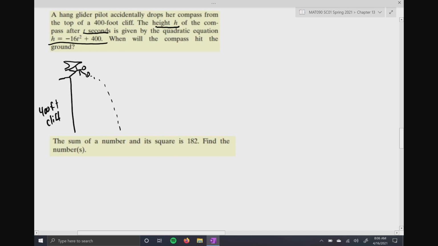All right? So we know the following. I can kind of draw these axes. I know when the compass hits the ground.